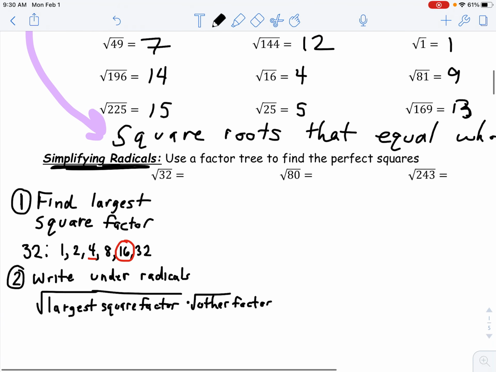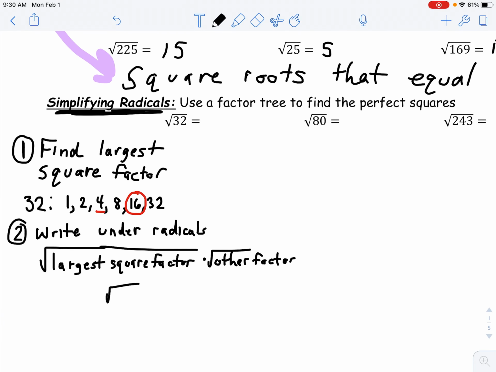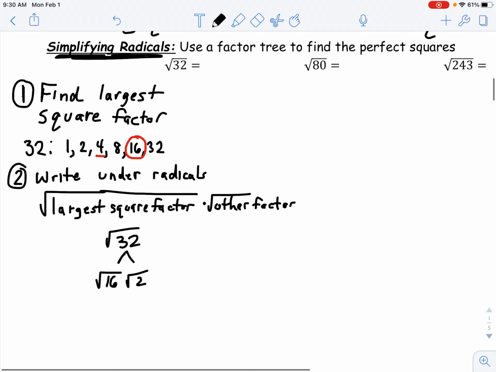So if we do it like this for 32, the square root of 32 is going to equal the largest square factor, which is 16, and then the other factor is 2. That's it. That's what I mean by right under the radical, the largest square factor times the other factor.